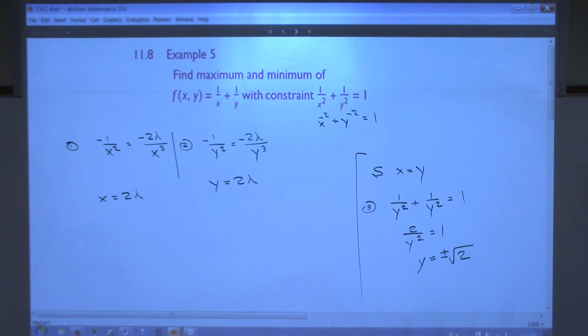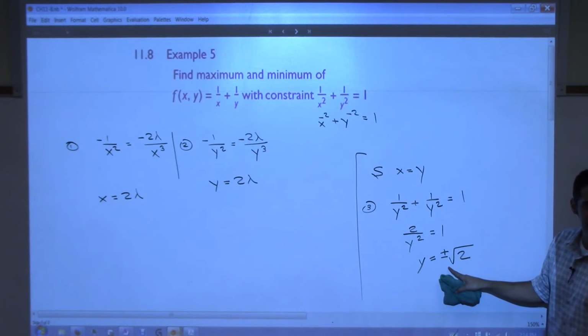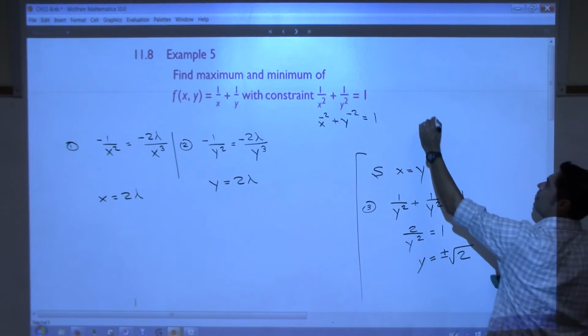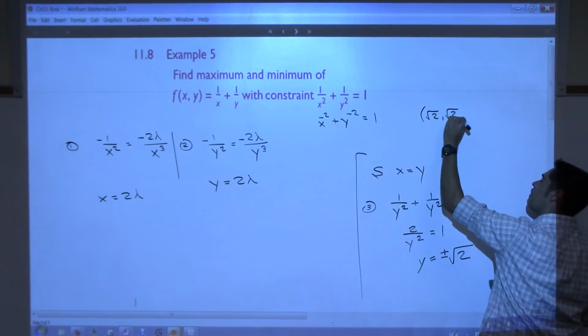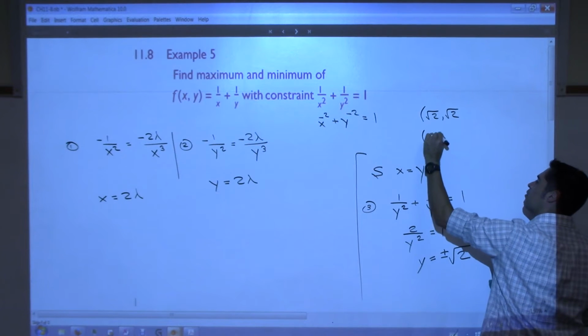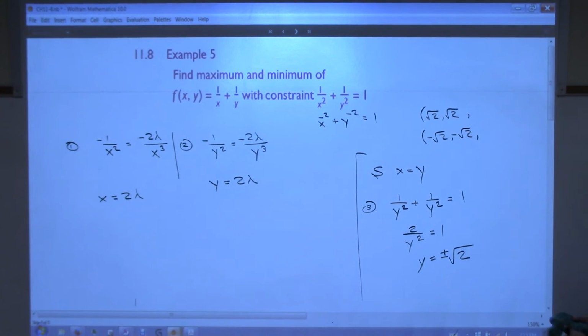I should be able to get 2 points from this, right? I know that x must be y, and this is what y has to be. So I can have, continuing still in here, I can have root 2, root 2, and I could have negative root 2, negative root 2. I need to try and get lambdas for those.